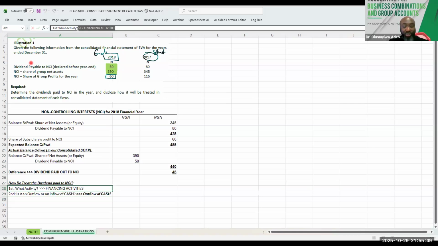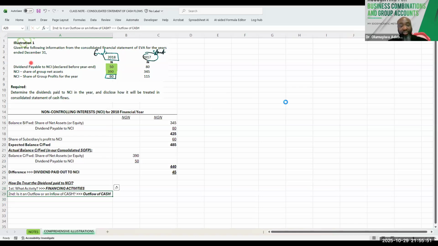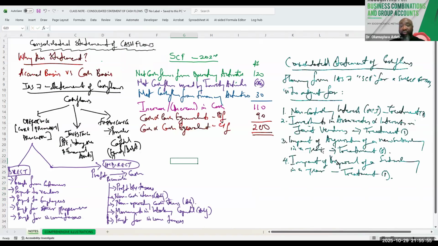Any question on this first one? Remember where we are coming from. We have only now dealt with the first principle that we need to take as an adjustment, which is the treatment of NCI in the consolidated statement of cash flow.